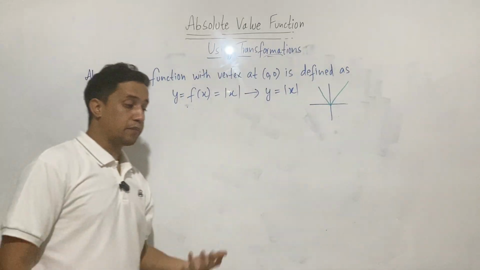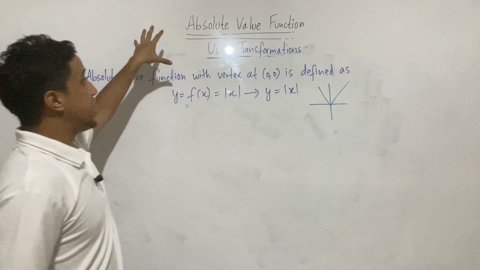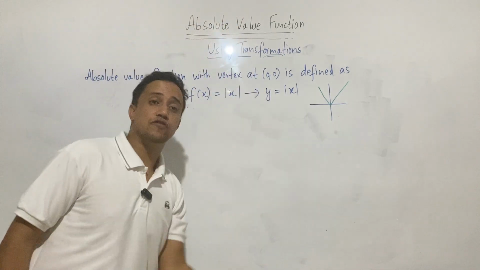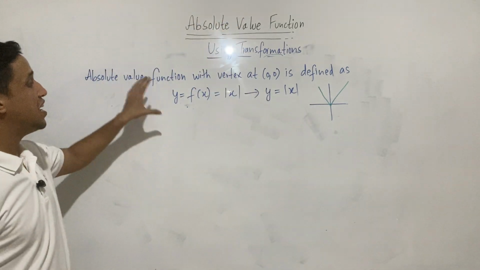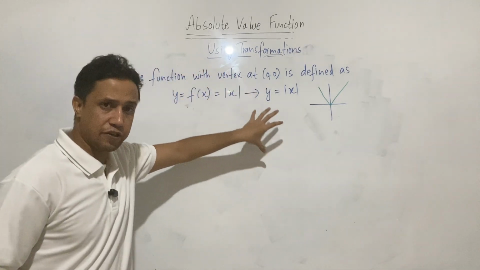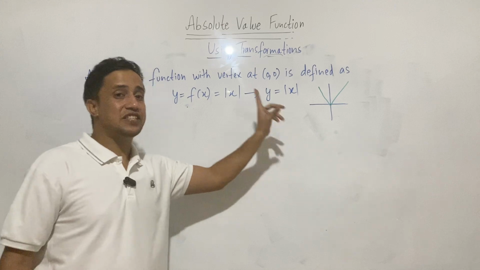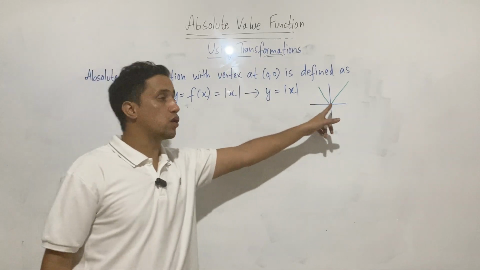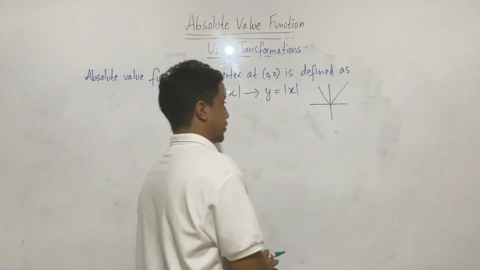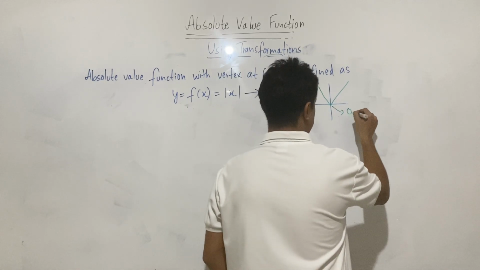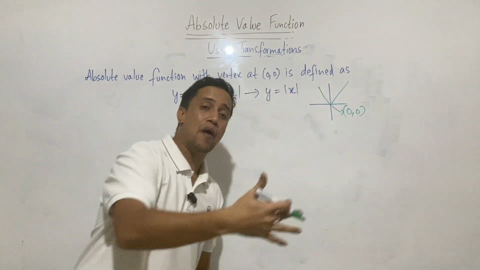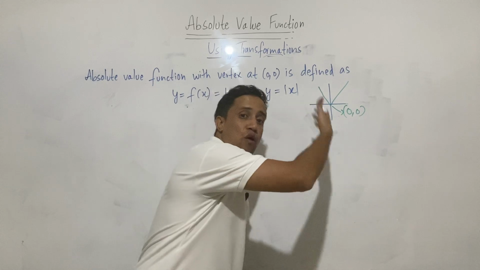To overcome this problem, we use absolute value functions using transformations. That's why we said it's a parent function, because this is defined at vertex 0, 0. This is the parent, the foundation.